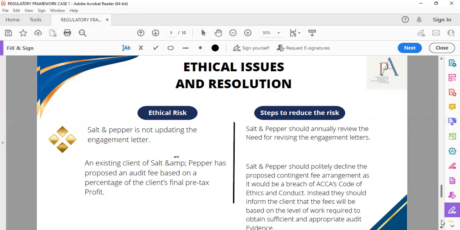We don't accept contingent fees in an audit assignment. So fees will be based on the level of work required, the hours they are going to put in, multiplied by the hourly rate of the respective audit team members. Those are the basis for calculation of audit fees.